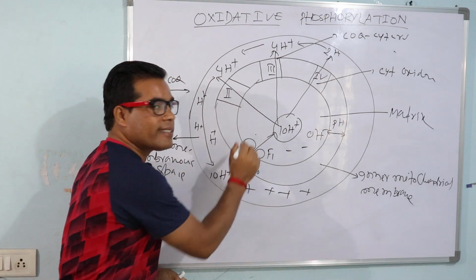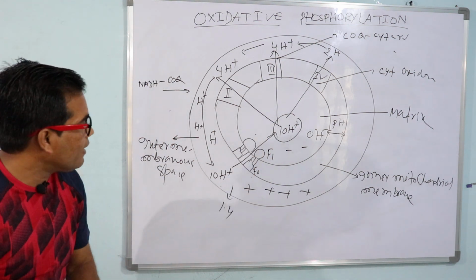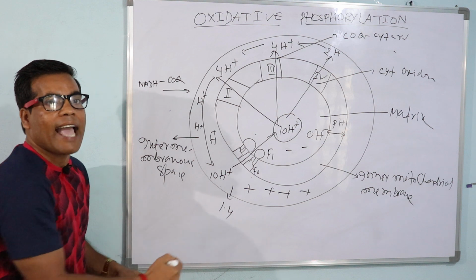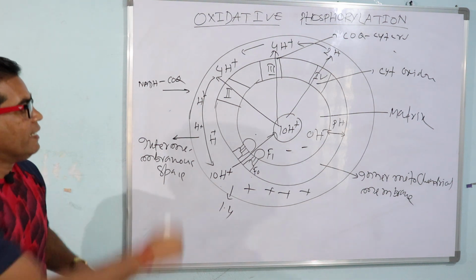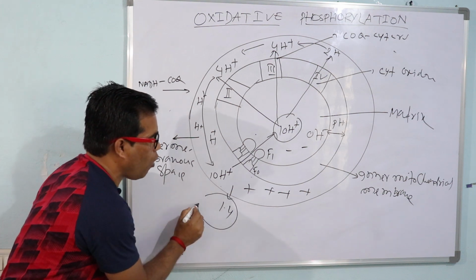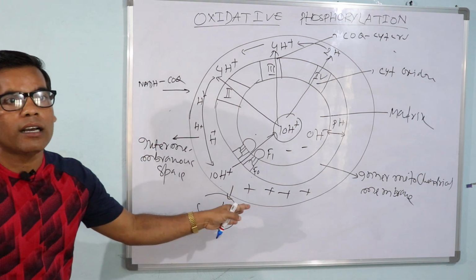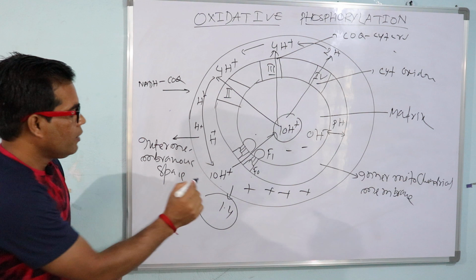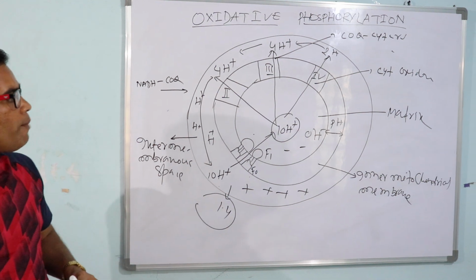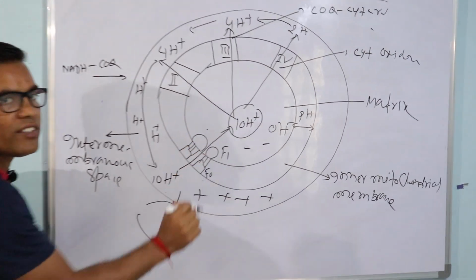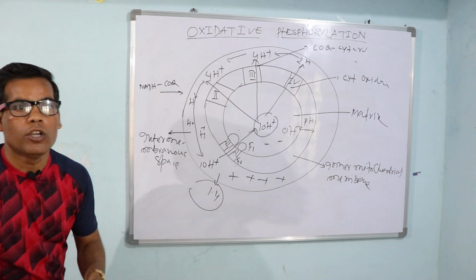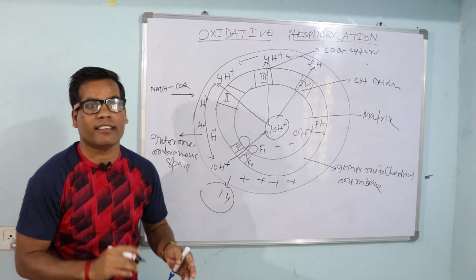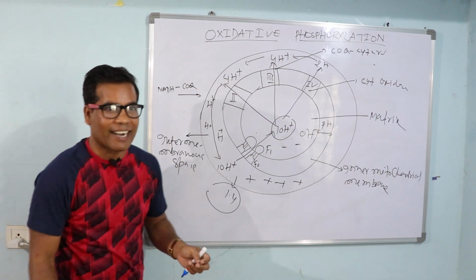So the inside of the matrix is negative, whereas the intermembrane space accumulates more hydrogen ions, so the pH decreases to 1.4 and it carries a positive charge. The matrix pH is high whereas the intermembrane space pH is low, so it generates a potential difference, meaning a pH gradient.